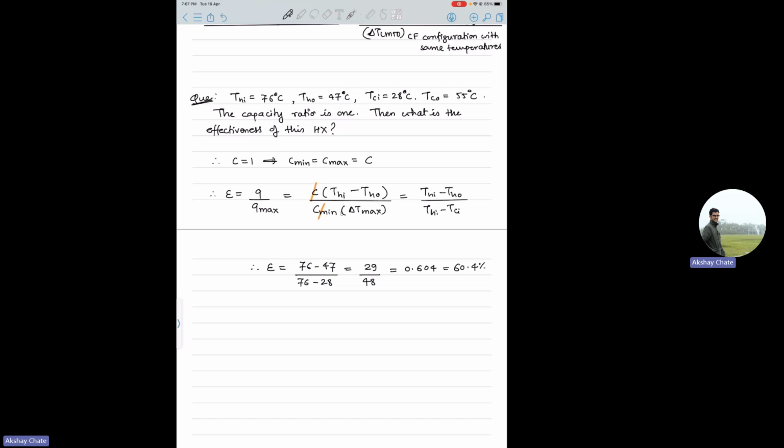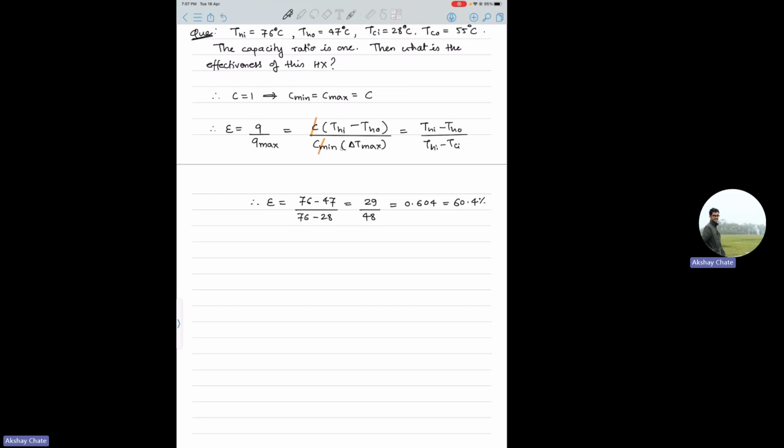Okay, so this is a somewhat different variety of question. Again, a GATE question. So here it is mentioned that hot oil is cooled from 80 degrees Celsius to 50 degrees Celsius in an oil cooler which uses air as a coolant.